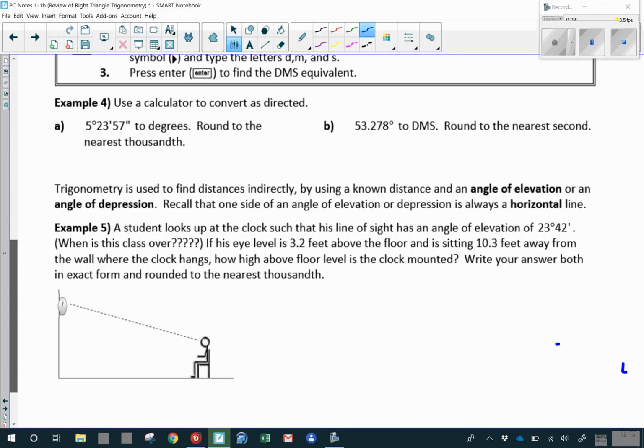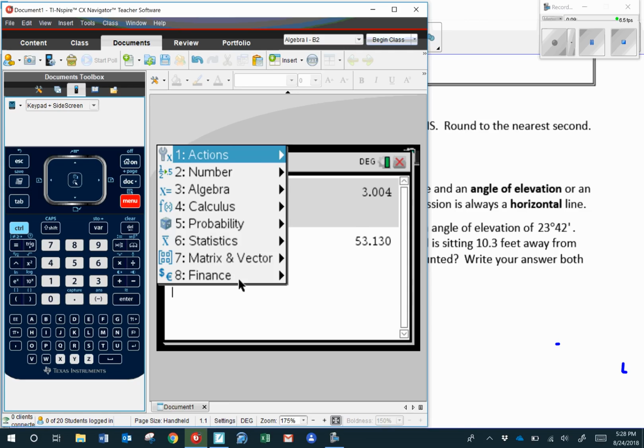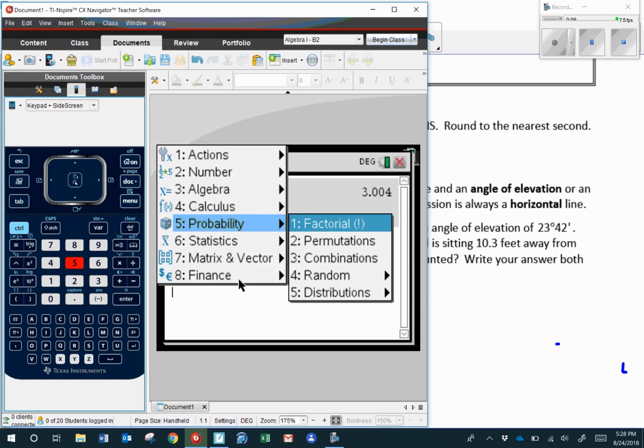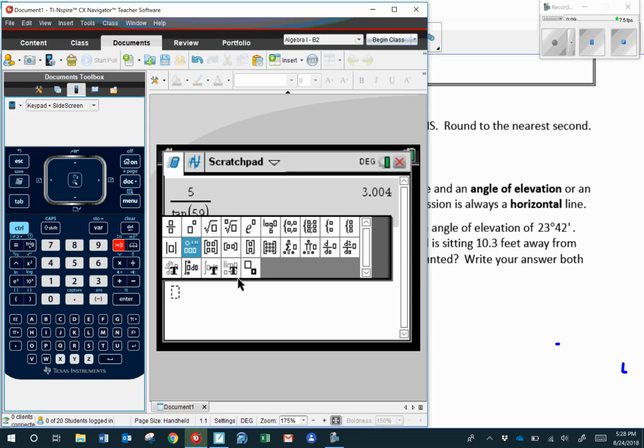So in example 4, first thing we're asked to do is to convert from degrees, minutes, and seconds into degrees. So first thing that we will do is type the degrees, minutes, seconds into the calculator. In order to do so, it will be better for us to use a template for degrees, minutes, and seconds. The template key is right next to the 9.